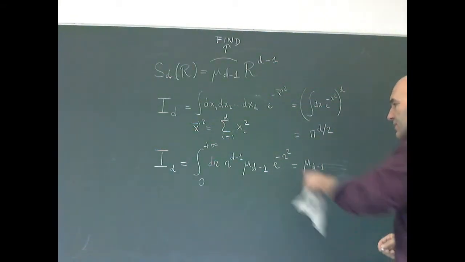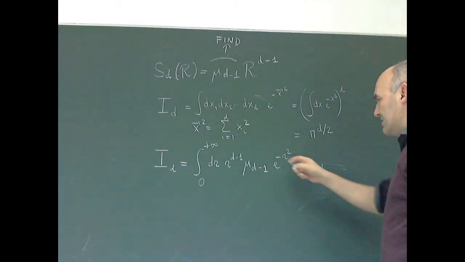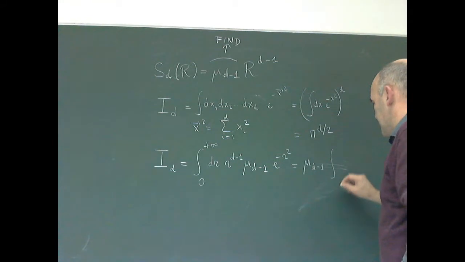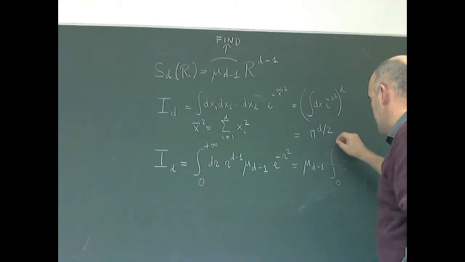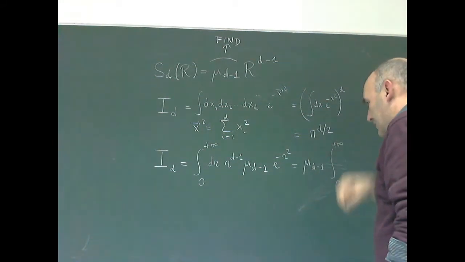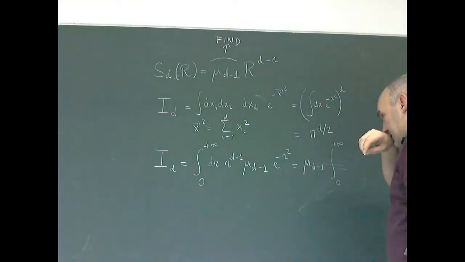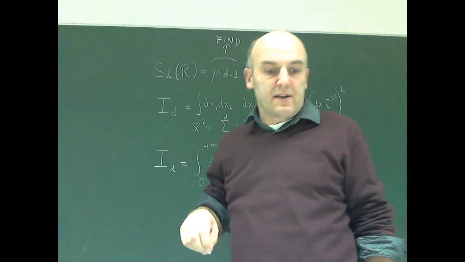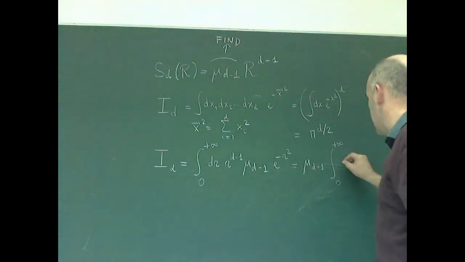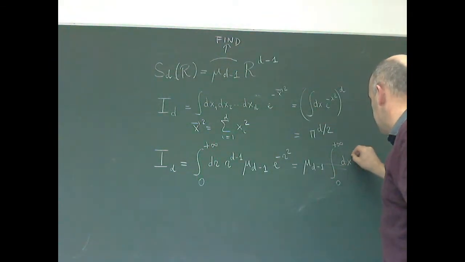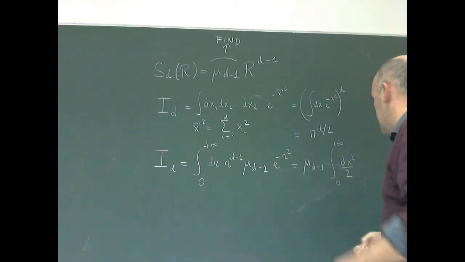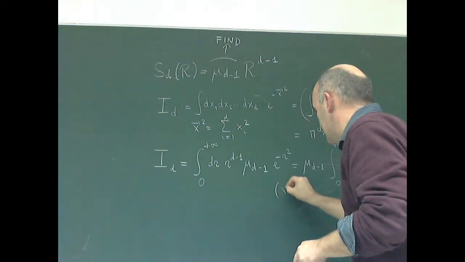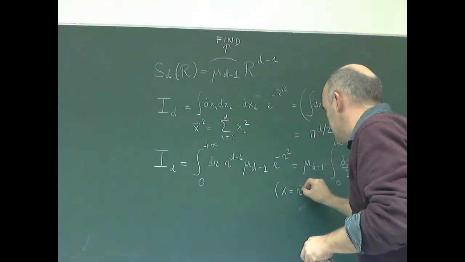Then we change variable, calling x the r squared. So we get the integral from 0 to plus infinity of a trivial calculation: the dr can be written as d of r squared divided by 2, because of the change of variable x equal to r squared.